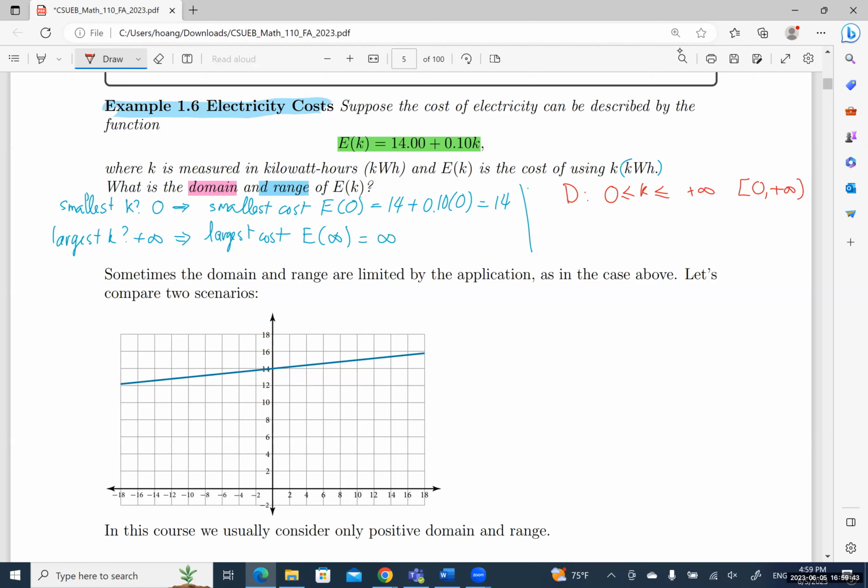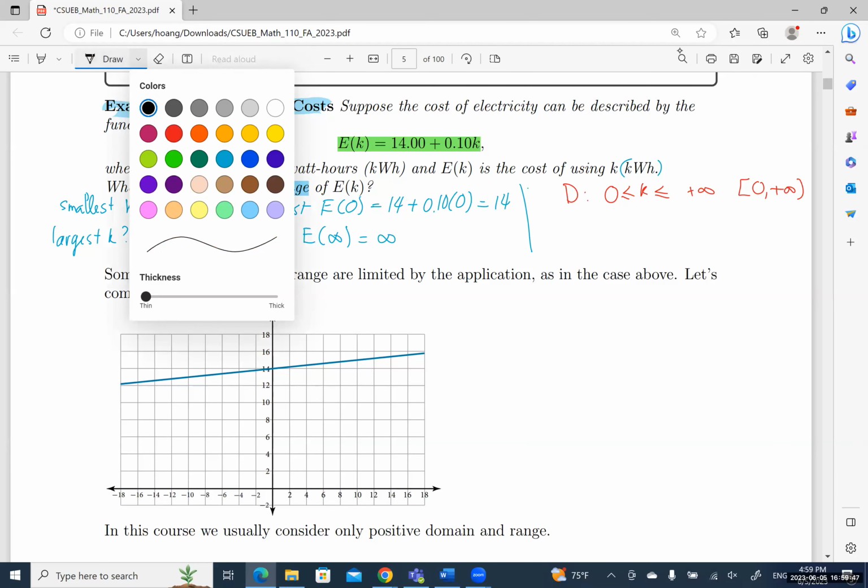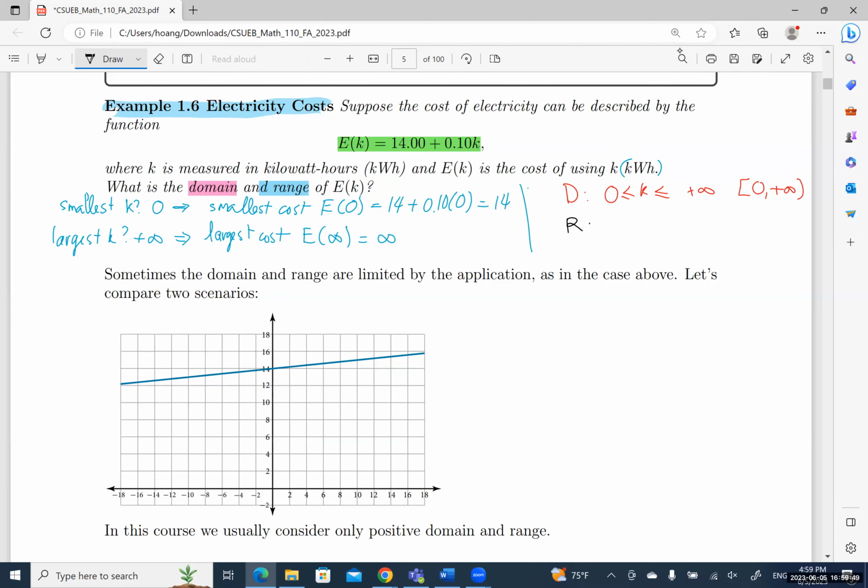So now for the range, what's the minimum for E of K? What's the minimum it can be? 14, right? You don't use, you still have to pay.